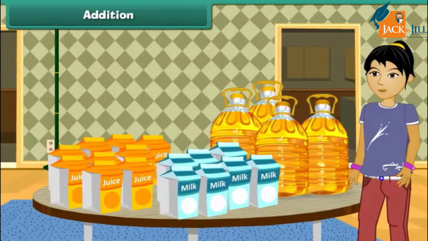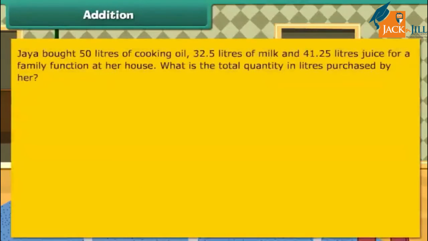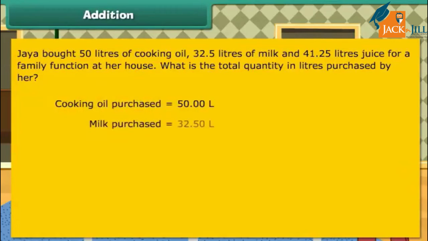Addition. Jaya bought 50 liters of cooking oil, 32.5 liters of milk and 41.25 liters of juice for a family function at her house. What is the total quantity in liters purchased by her? Cooking oil purchased is 50 liters. Milk purchased is 32.50 liters.